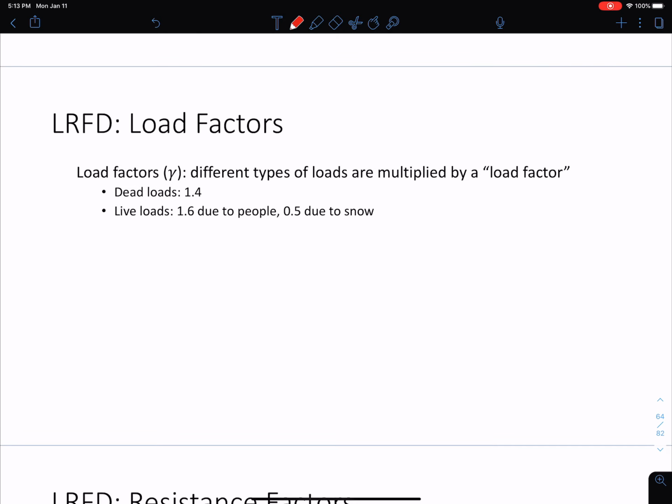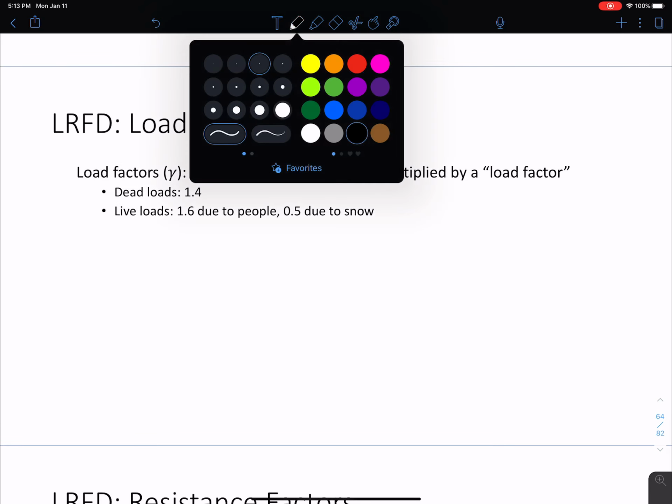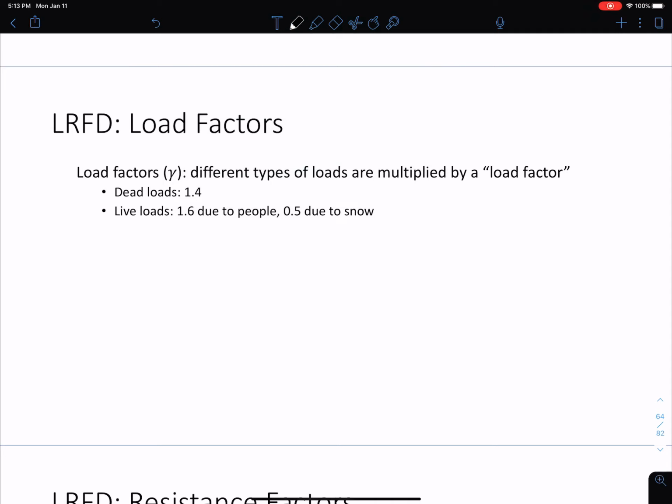So the first area of uncertainty is in loading. So we have something called load factors, and this little Greek letter here is gamma. So gamma here, what we do is we multiply basically our gamma by the loading that we calculate.